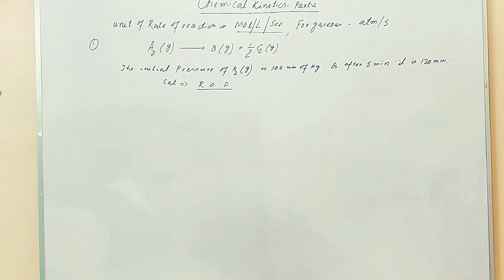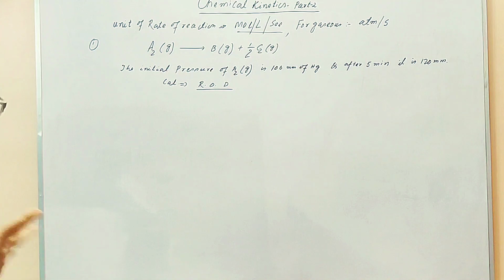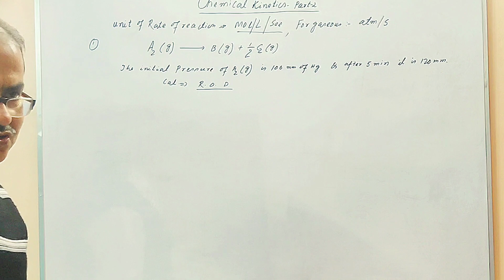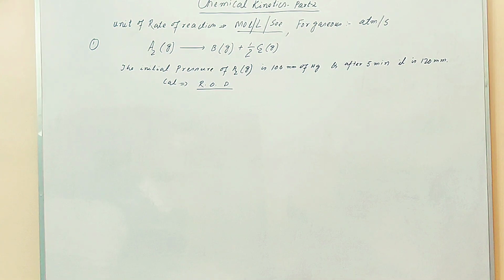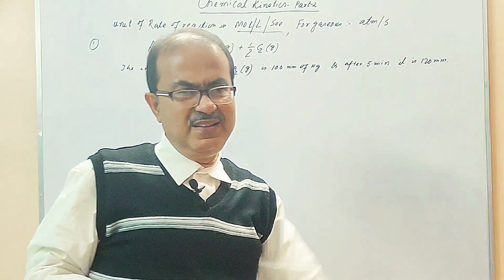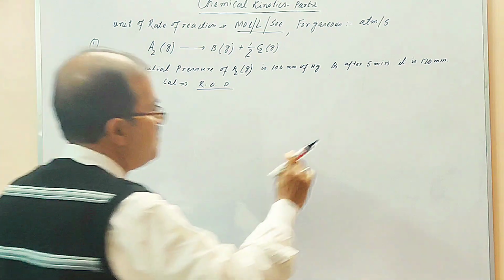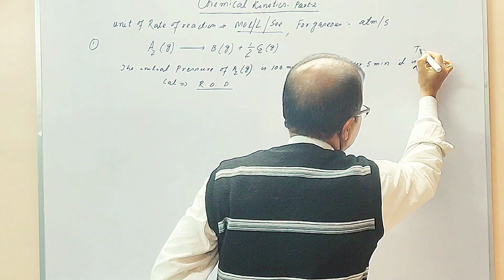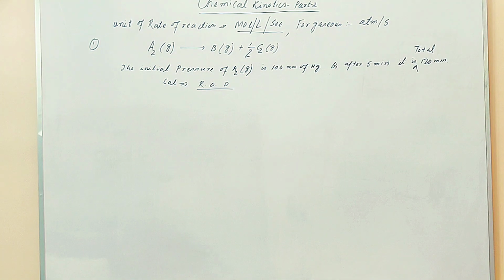After that, the decomposition starts and it will start producing B and C2, right? So with time, the number of moles of the gases, reactant and product, goes on increasing. So the total pressure of the chamber has increased to 120 millimeter of Hg. So you have to calculate the ROD.